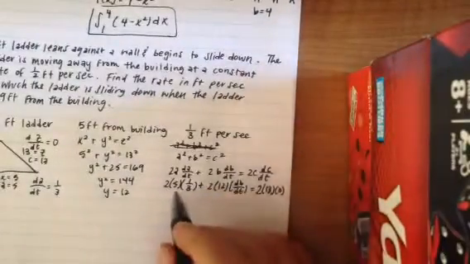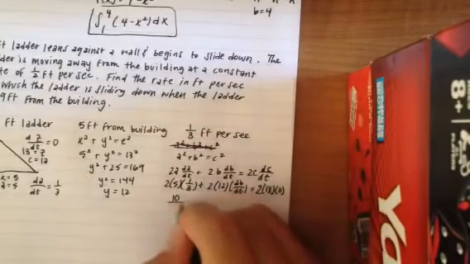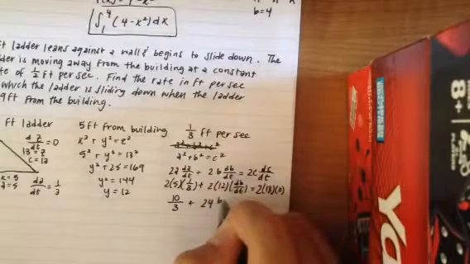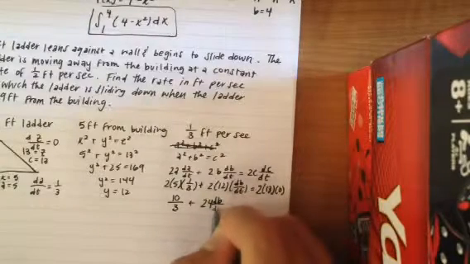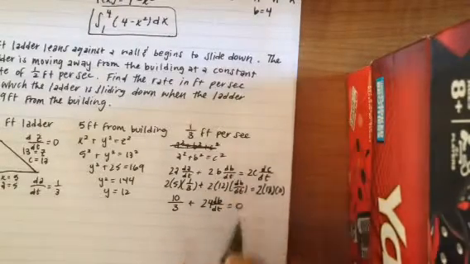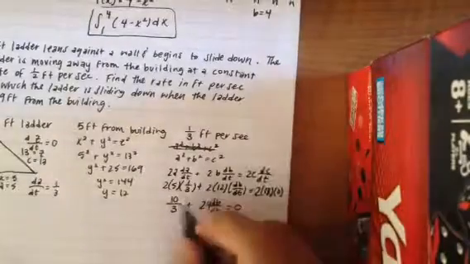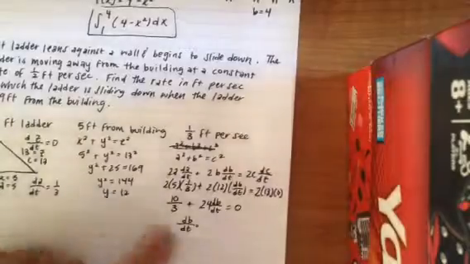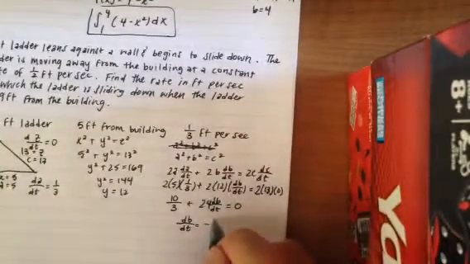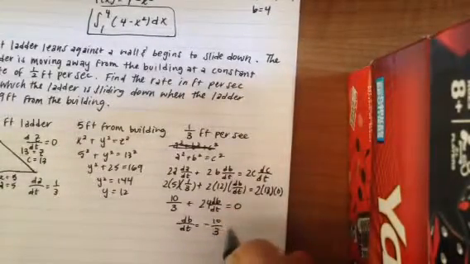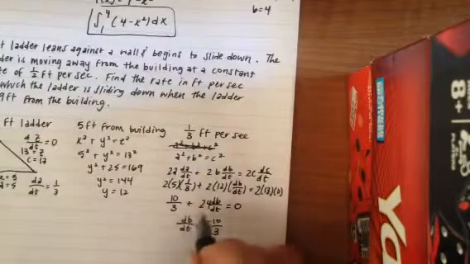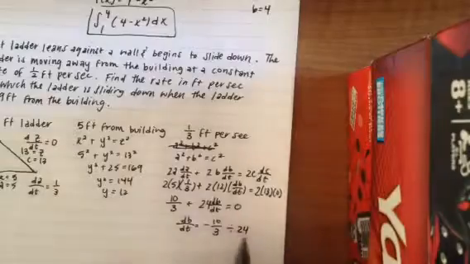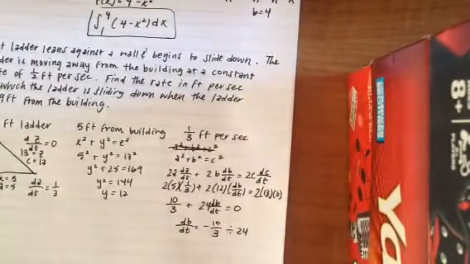So what we're left with is 10/3 plus 24 dB dt, and it equals 0. So now we have to solve for dB dt. So what we do is we subtract this over, so a negative 10/3, and there's a 24 still, so we divide by 24, which means the 24 is going on the bottom.